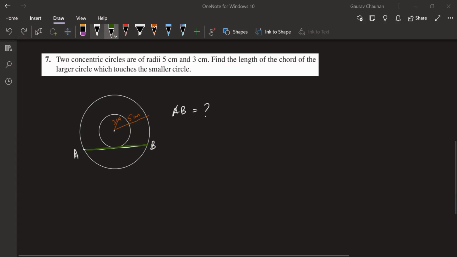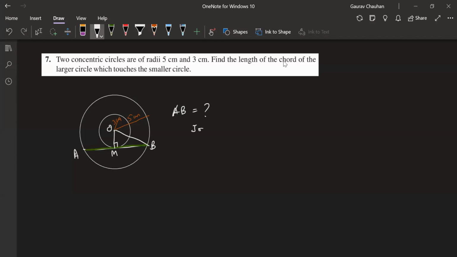I'm just going to complete this diagram a little bit. Look at this diagram. I'm going to draw this radius, let's call this M, and I'm going to draw the big circle's radius, let this be O. This is 90 degrees.